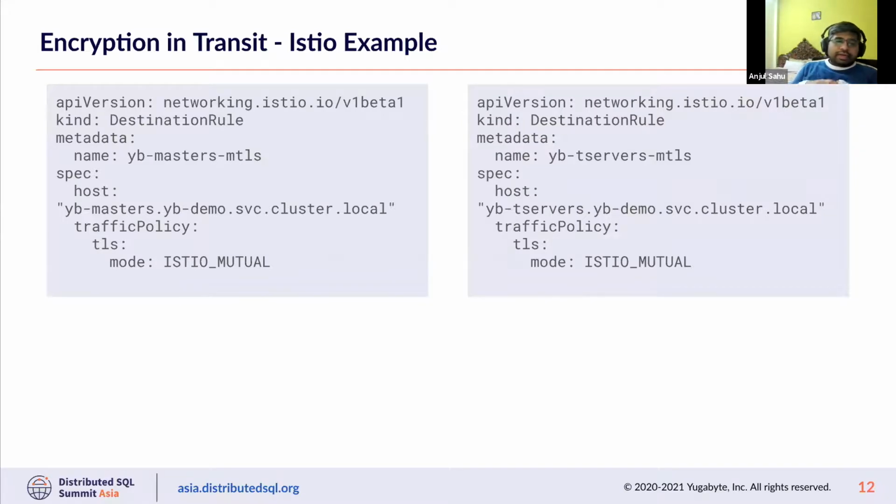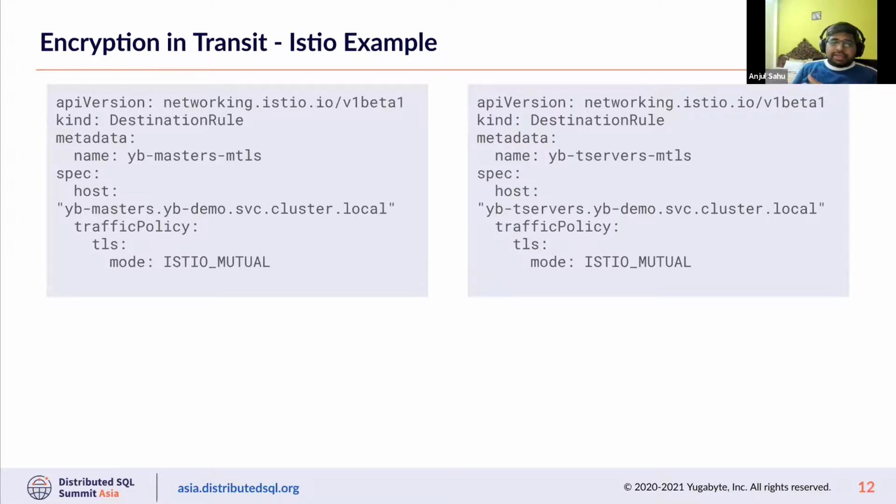We also need to create the destination rules for the tablet server and the master server. By destination rule, I mean it helps in defining the policy that applies to the traffic coming to the service after routing has occurred via the proxy.